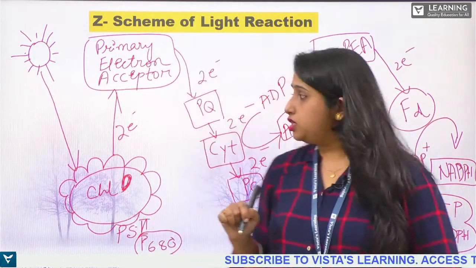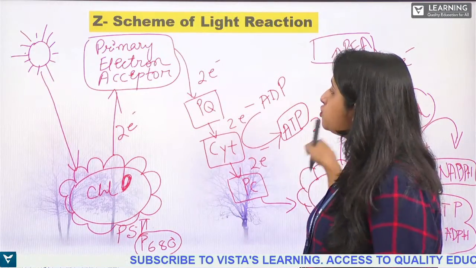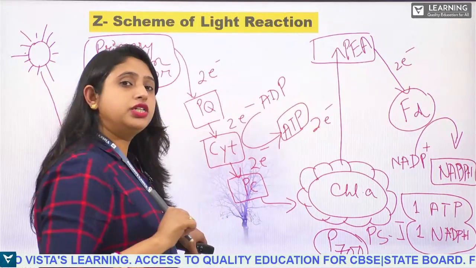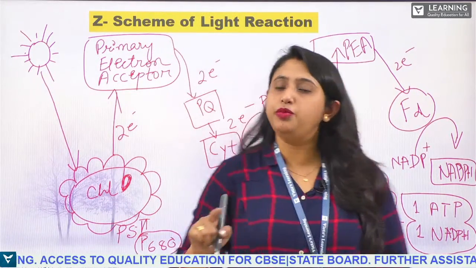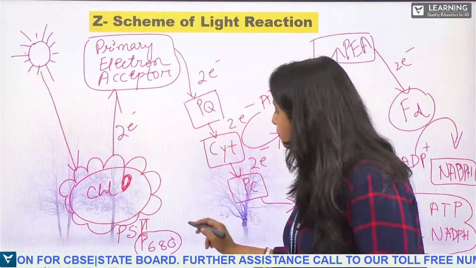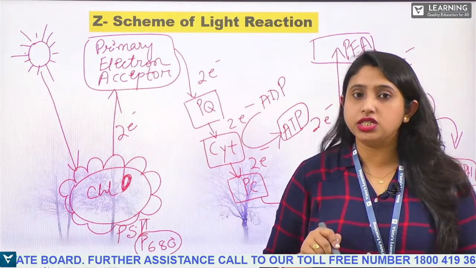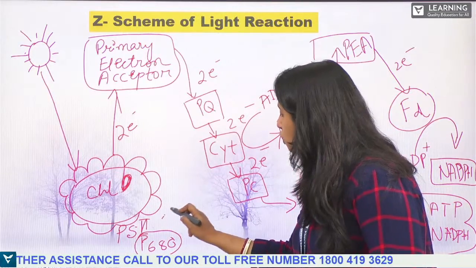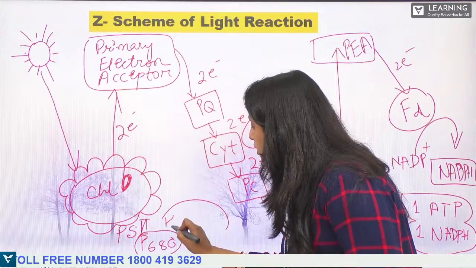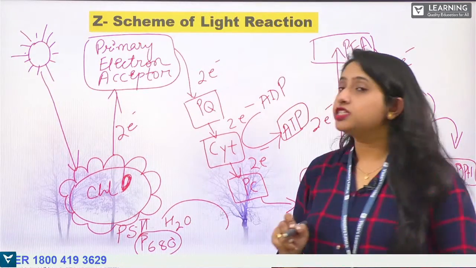Now, see here what happens, all the electrons are being transported. It is not coming back, not returning here to photosystem 2. Now what happens to photosystem 2? Here the photolysis reaction takes place, in which water, H2O, is splitting.